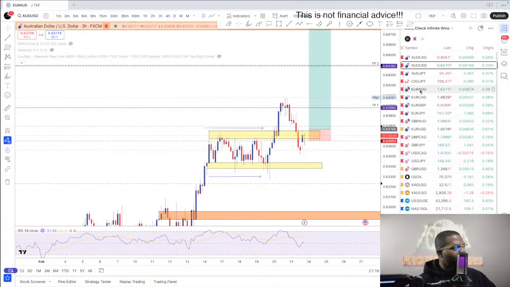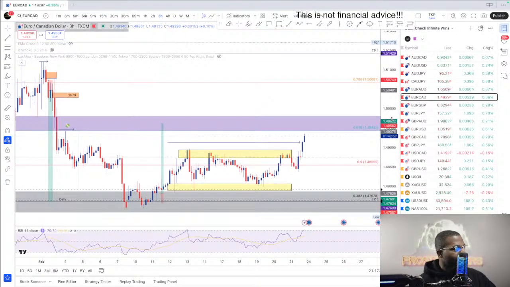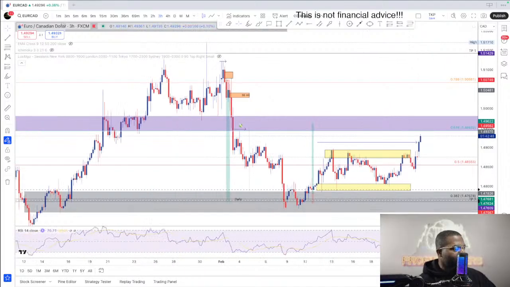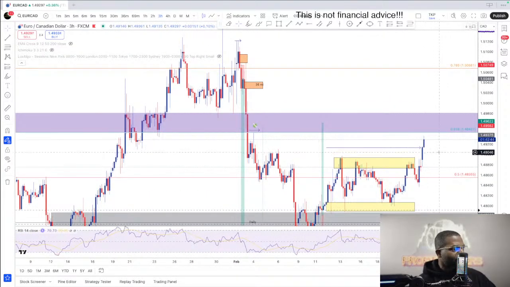So I went through the whole market, man. We got some beautiful plays. We're also waiting to see what happens on EuroCAD once price retests at 618. There is room for it to break above.